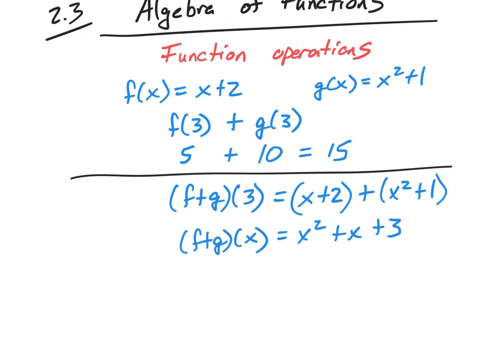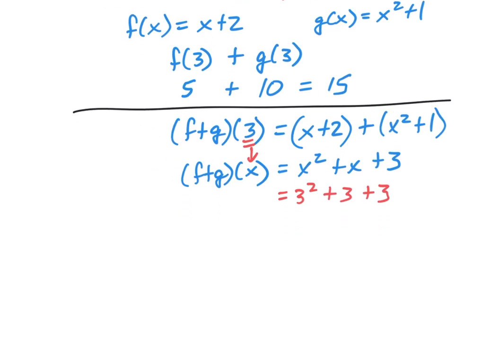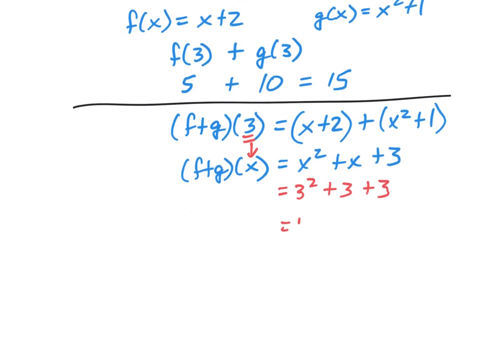But then what we're going to do is take this 3 and plug it in for x. And now we're going to take 3 and plug it in all the way through here. So this would become 3 squared plus 3 plus 3. Which gives me 15.